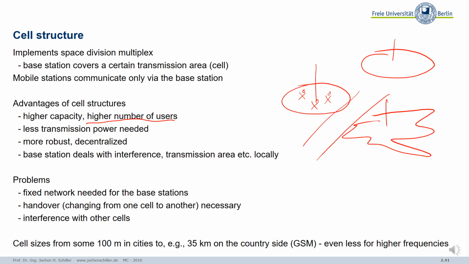Plus, if we have smaller cells, we need less transmission power. It's more robust. If a cell breaks down, it doesn't matter, because in cities we have many small overlapping cells and can easily hand over to another cell. Plus, we always have an umbrella cell that covers a larger area.